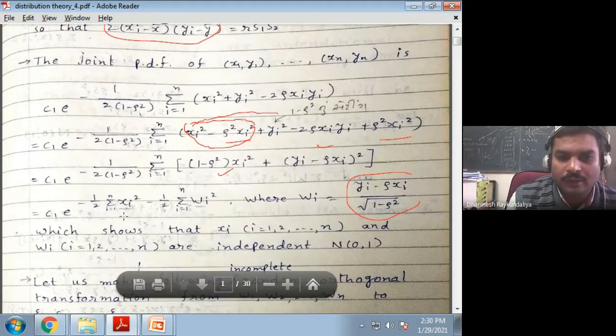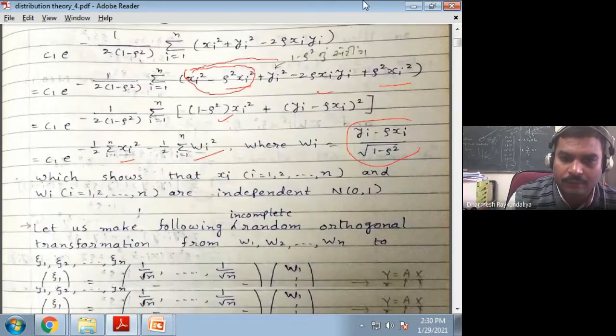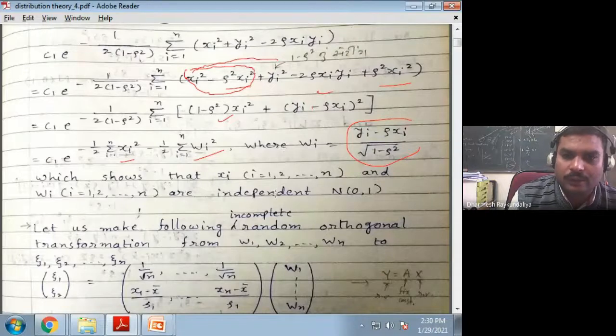This shows that x and w are independent, because there is no connection. So xi, i running from 1 to n, and wi are independent normal 0, 1. Why? Because the mean is 0 and the variance is 1.